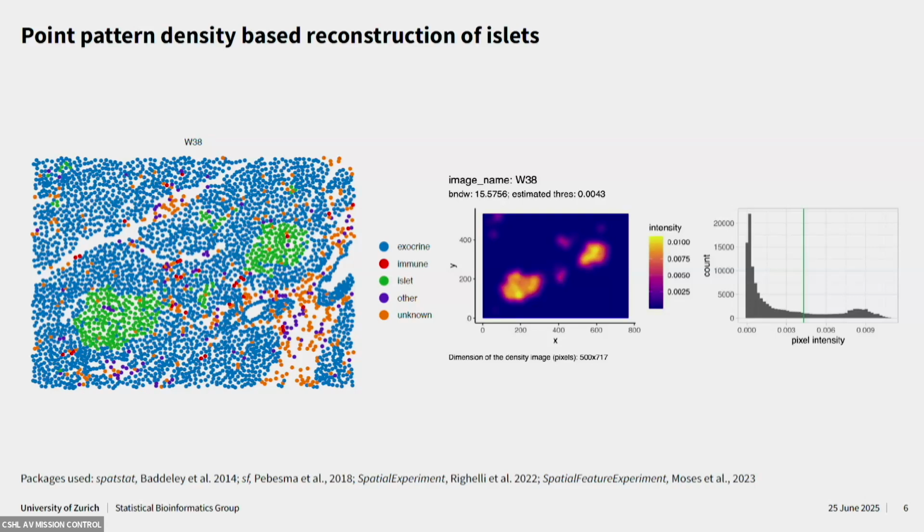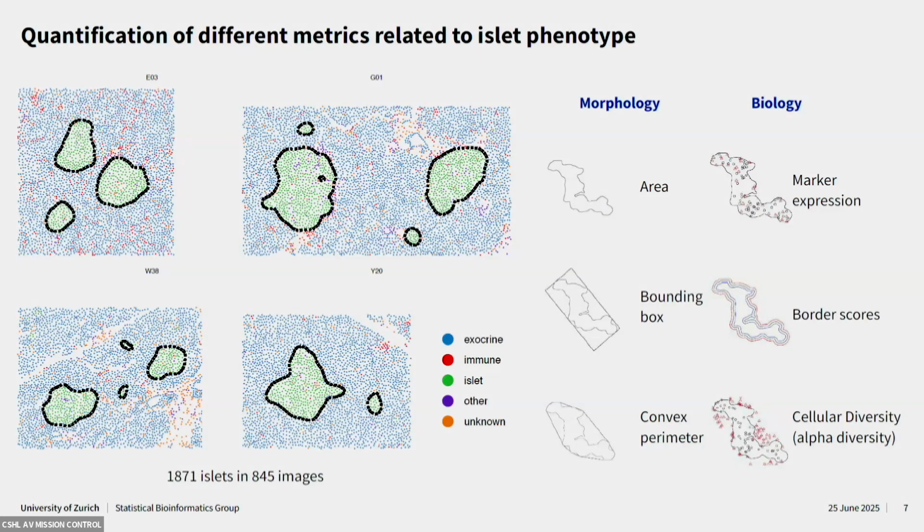That's very simple and it scales very well. So we can reconstruct these individual islets in the data set directly from the annotation in R. We can do this for all the images and all the islets. As I said, the nice property about this data set is that it has a lot of images and a lot of islets to quantify.